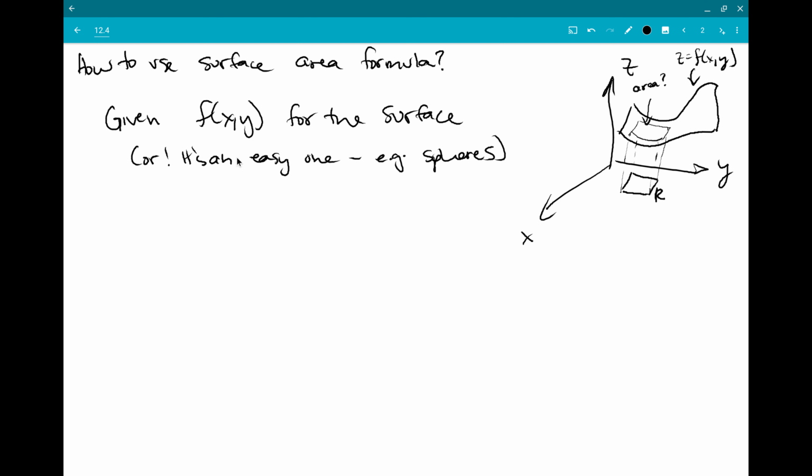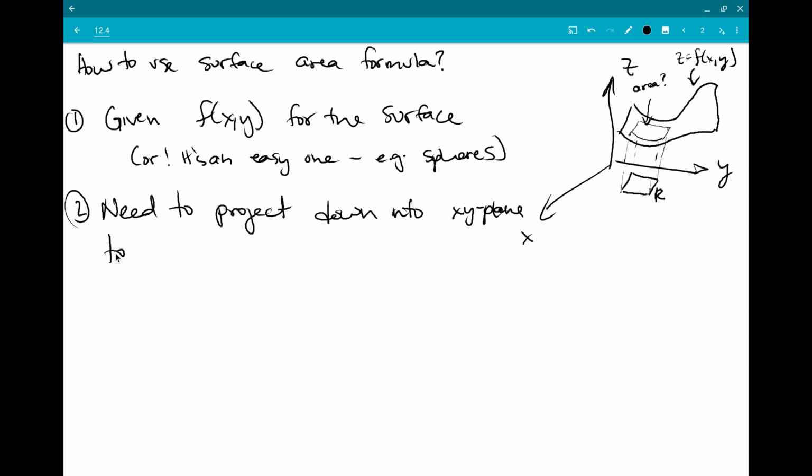So maybe somebody would just say find surface area of sphere, and then z equals square root of radius squared minus x squared minus y squared. And you need to project down into the xy plane to find your region R.